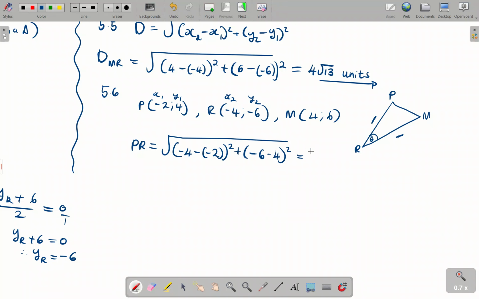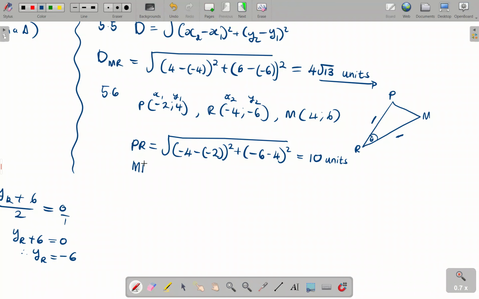So let's see what we have there. The square root of (-4 minus -2) squared plus (-6 minus 4) squared. Let me see why I didn't square here. That's why I'm getting errors. So I have 10. So it's 10 units.